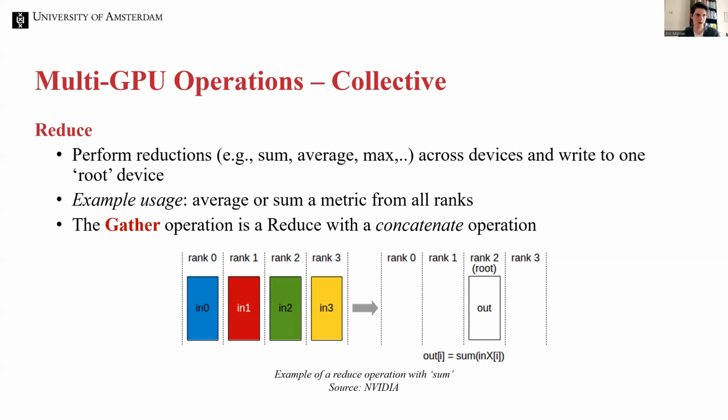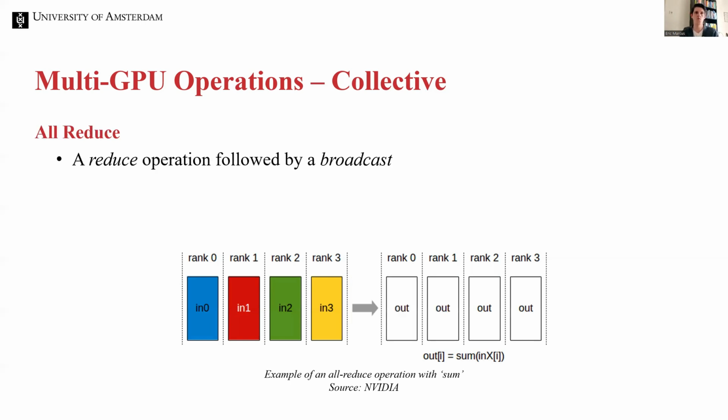Okay, so let's move on to all reduce. You can probably guess what this does, but in practice it's just doing this reduce operation that we just saw, followed by a broadcast. That's basically all there is to it. It reduces something and then broadcasts that result, copying it to all other ranks.